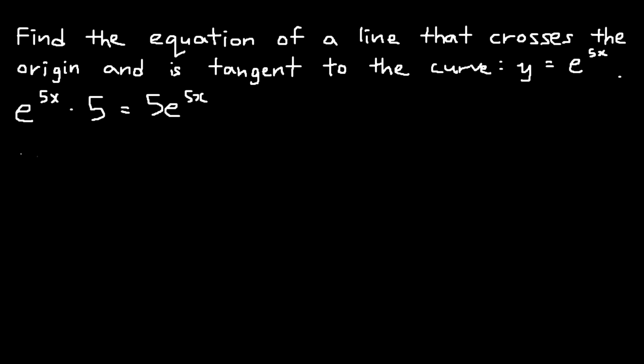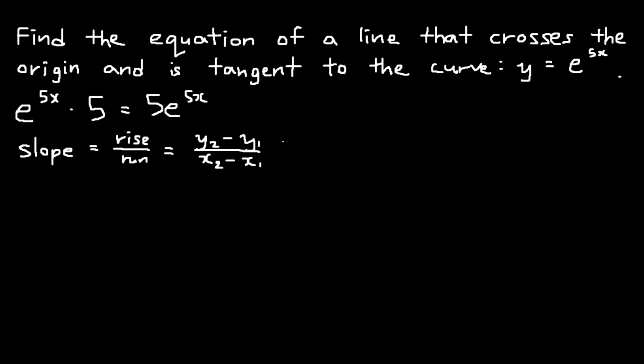So then what is slope? Well, we know that slope is rise over run, which is y2 minus y1 over x2 minus x1.